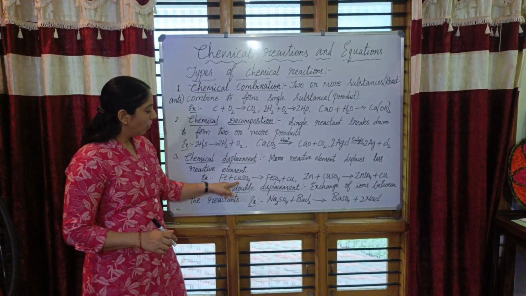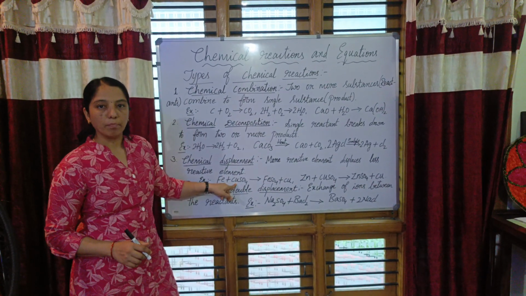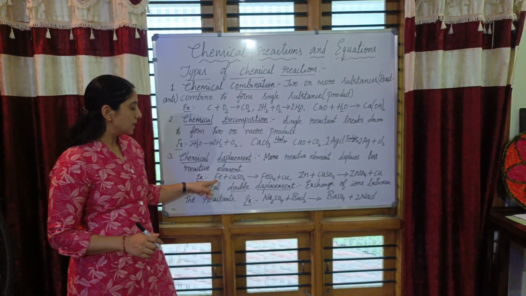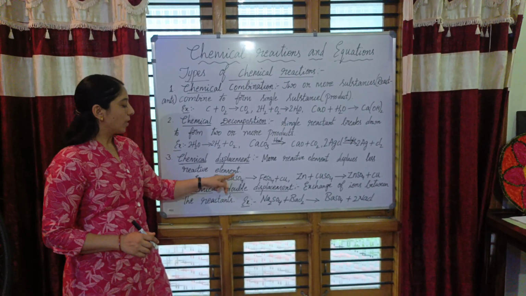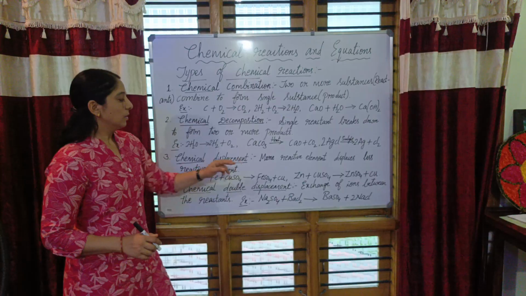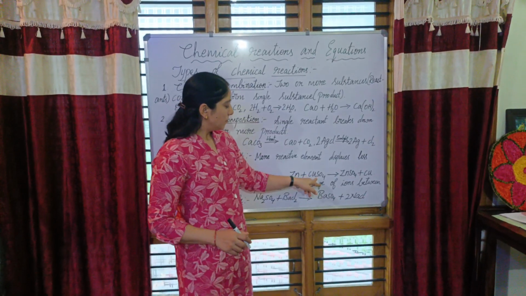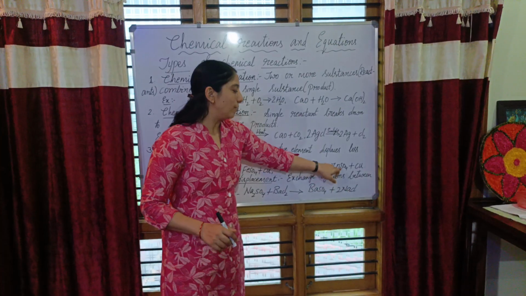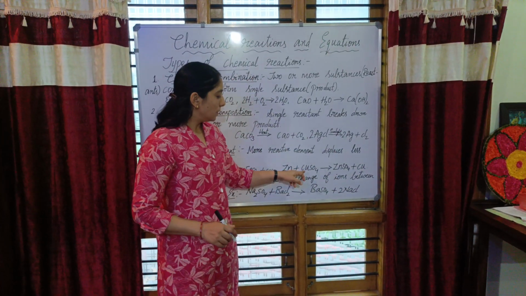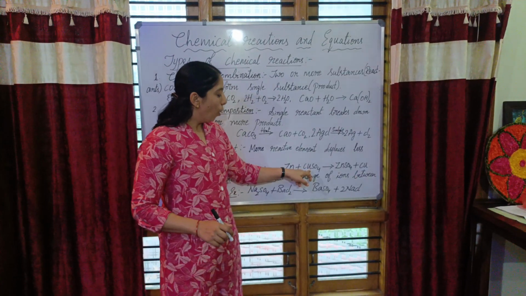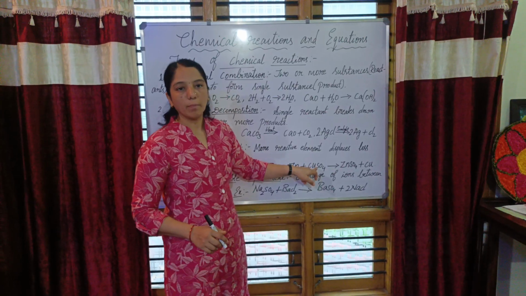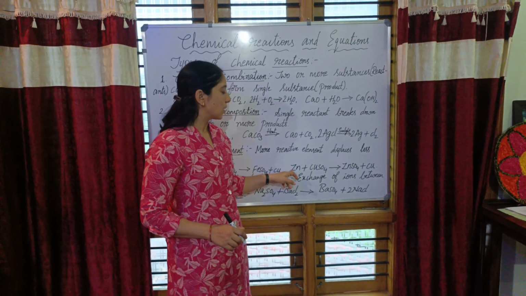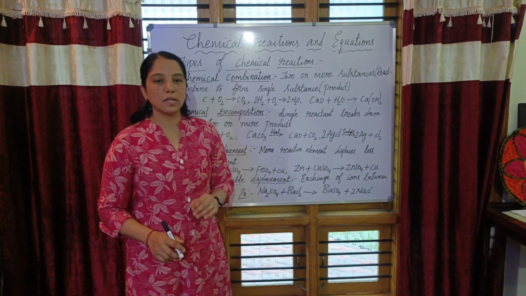Iron is more reactive than copper, so it displaces copper from copper sulfate. Then zinc reacts with copper sulfate solution to form zinc sulfate and copper. Here zinc is more reactive than copper, so it displaces the copper from copper sulfate.